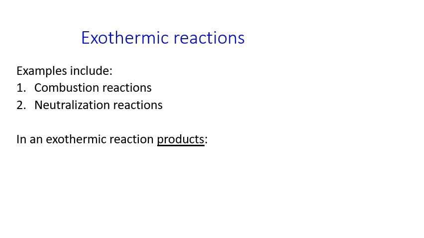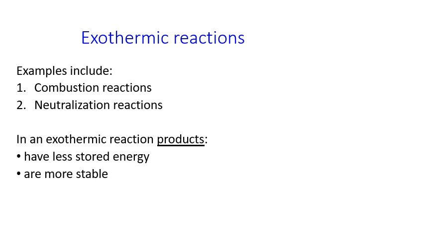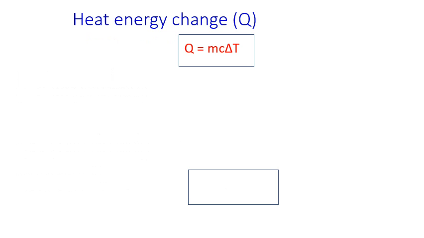In an exothermic reaction, the products have less stored energy compared to the reactants. They are more stable and have stronger bonds compared to the reactants. So that's what we have for exothermic reactions.